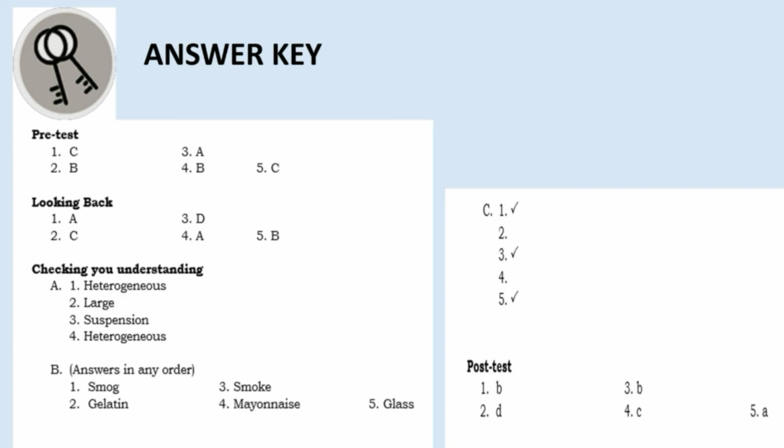And for the checking your understanding, A: 1 heterogeneous, 2 large, 3 suspension, and 4 heterogeneous. And for the letter B, answers in any order: 1 smog, 2 gelatin, 3 smoke, 4 mayonnaise, and 5 glass. And for the letter C, 1 check, 3 check, and 5 check.